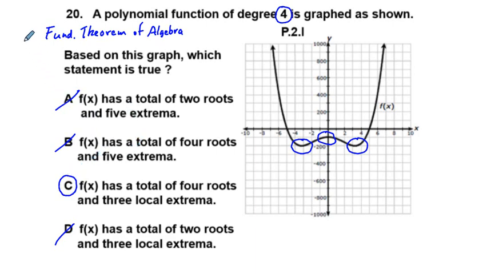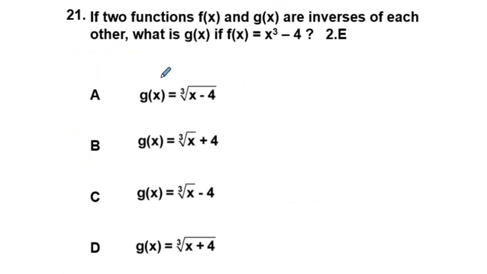Okay, the next one we're going to look at is problem 21. If 2 functions f of x and g of x are inverses of each other, what is g of x if f of x equals x cubed minus 4? And so we get back to the 4-step process of finding the inverse of a function. So we want to find f inverse of x. And remember, these are things to know about inverses of functions.